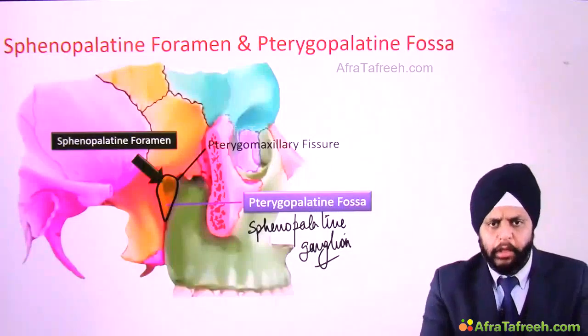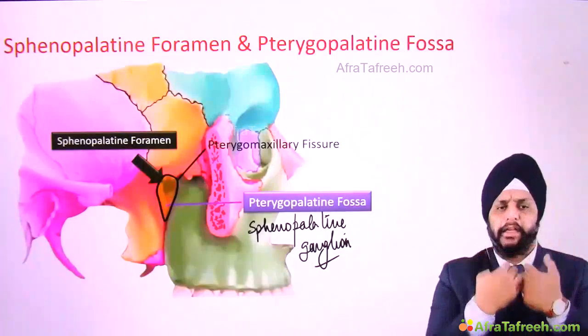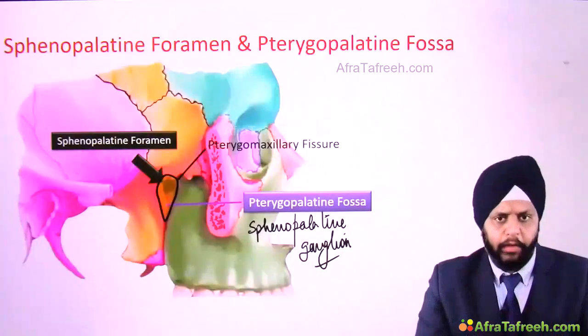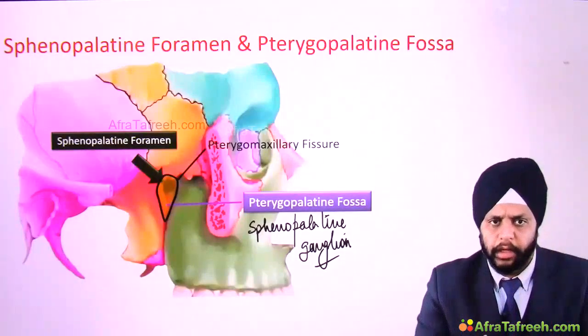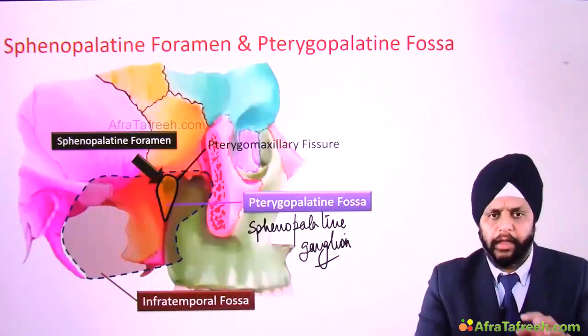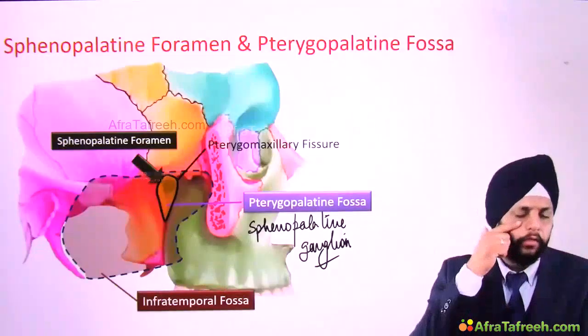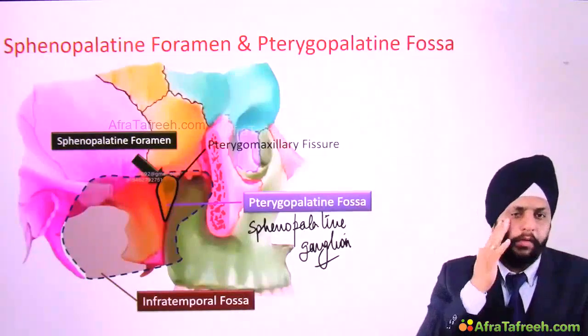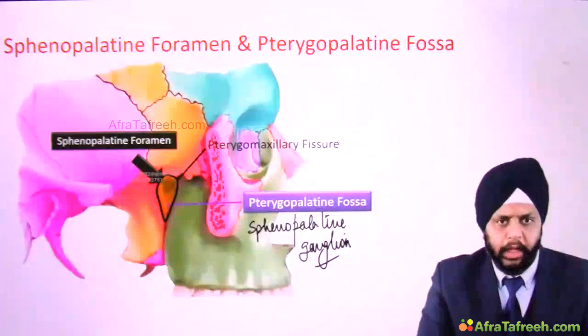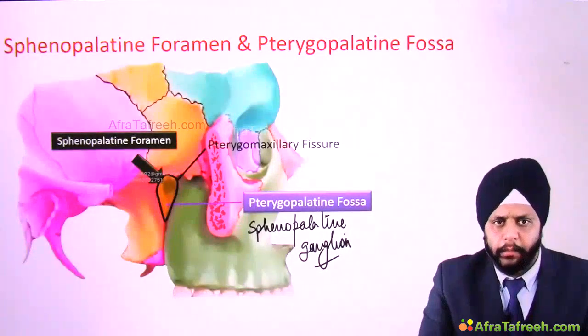Now, if we come out of this pterygomaxillary fissure, you see over here I have shaded this area. Now this place is known as the infratemporal fossa. We have the zygomatic process over here. As you can see, I have cut this zygomatic process.